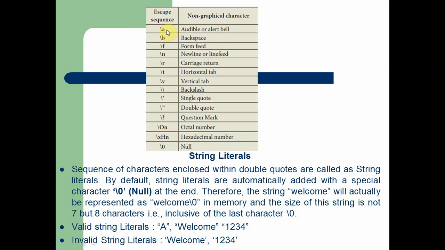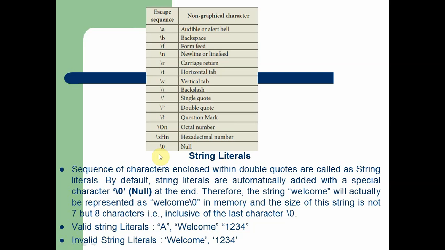For example, \a means alert bell or audible, \b backspace, \f form feed, \n new line, \r carriage return, \t horizontal tab, \v vertical tab, \\ backslash, single quote, double quote, question mark. See here, these are some of the escape sequences. So one thing you should remember: what is an escape sequence?